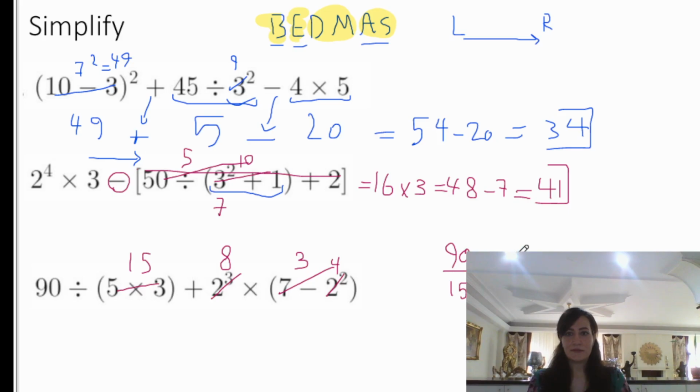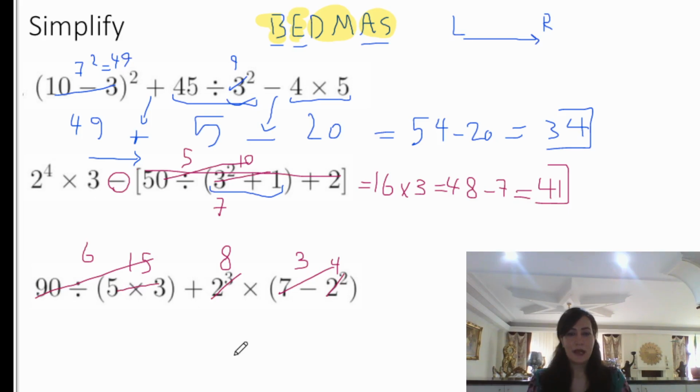Both of them are divisible by 3. I always try to do it. And then 30 divided by 5 gives me 6. So 90 divided by 15 gives me 6. I write it here. And then I will go for the other operations.